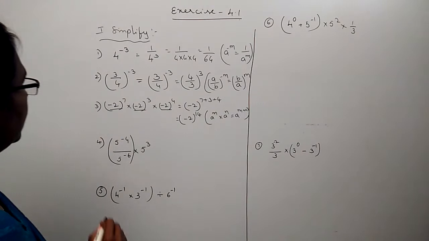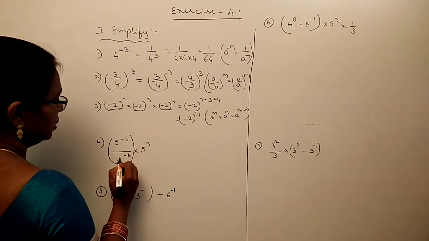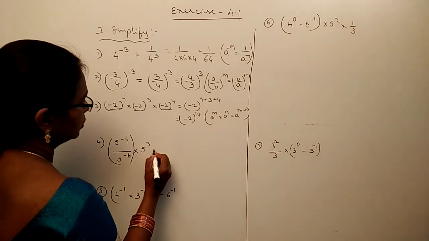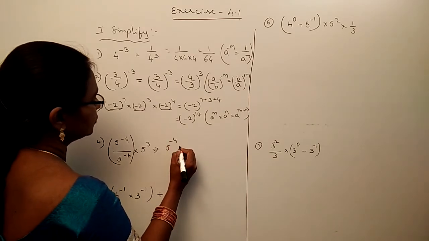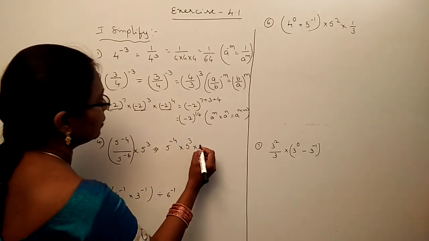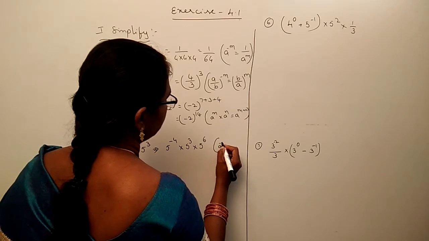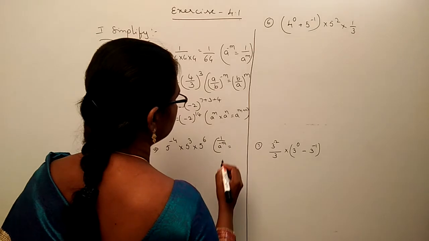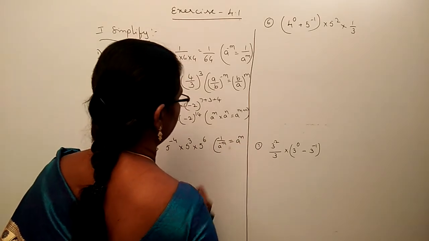Next, 5 to the power of minus 4 by 5 to the power of minus 6 into 5 cube. Now how to write? 5 to the power of minus 4 into 5 cube into 5 to the power of 6, because 1 by a to the power of minus m is equal to a to the power of m.